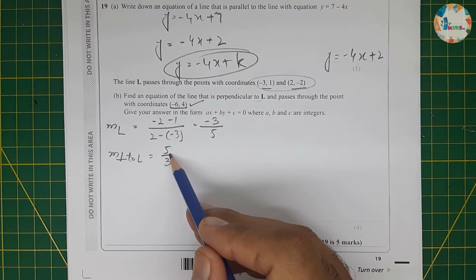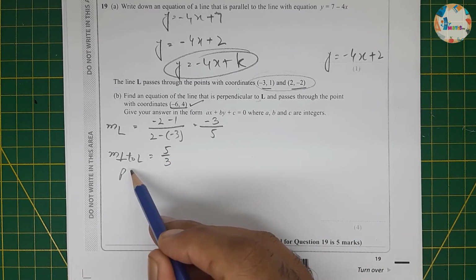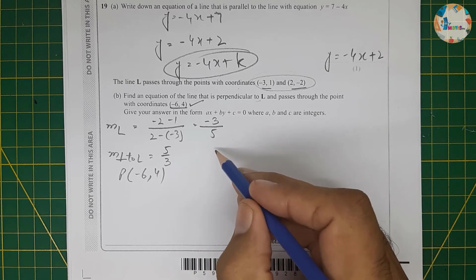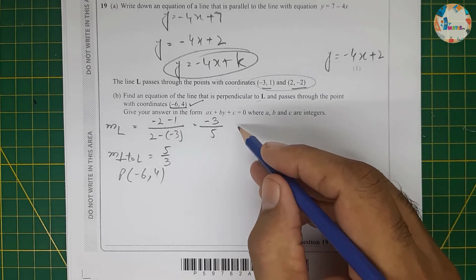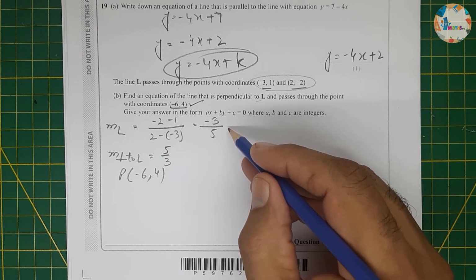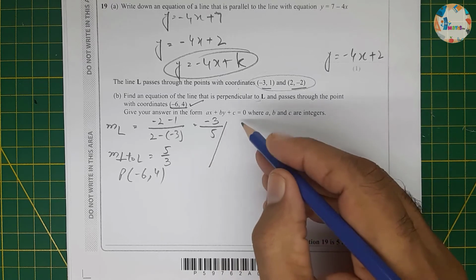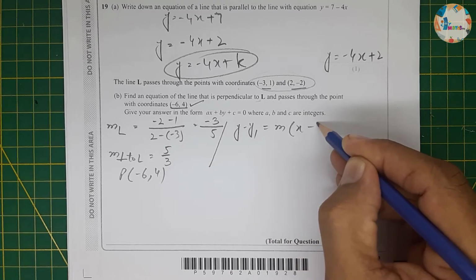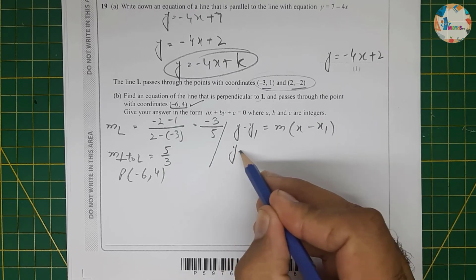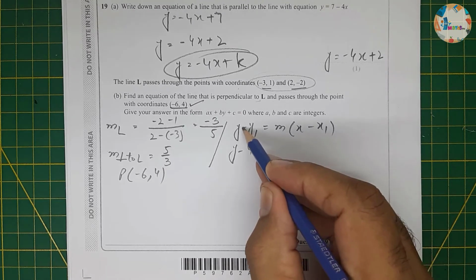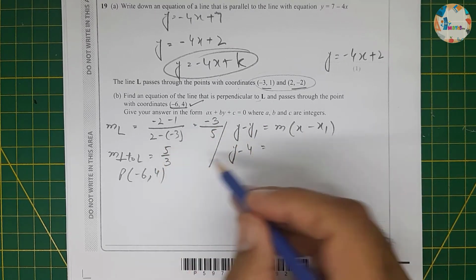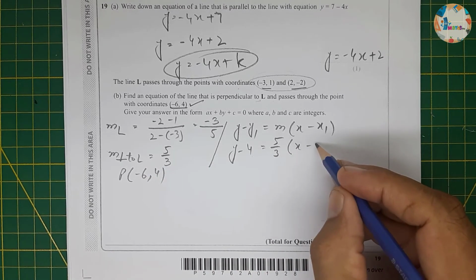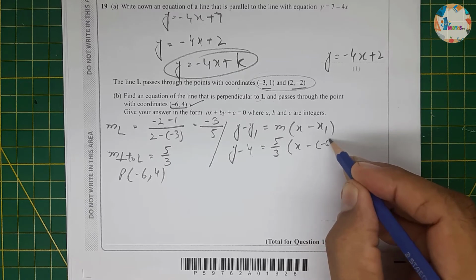So now the gradient we will be using, and the point we will be using is minus 6 and 4, and the formula we will write in point slope format, which will be y minus y1 is equal to m into x minus x1, and y minus y1 will be 4 is equal to the m value, which will be 5 by 3 into x minus x1, which will be minus 6, so we will write here minus 6.